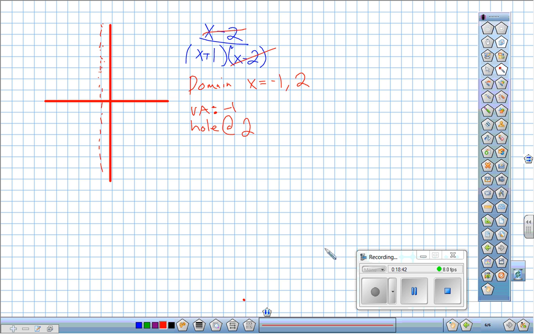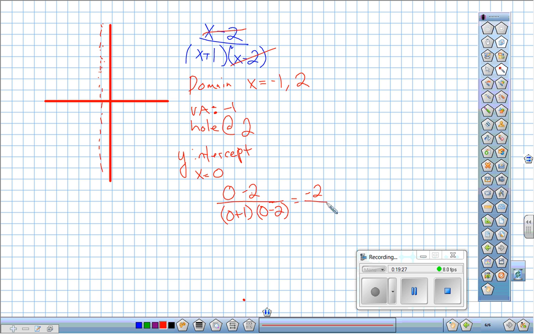So I need to then figure out where my y-intercept will be, just to have some quick graphs. So my y-intercept will happen at x equals 0. So if I plug x equals 0 into this, I will get 1. I can do it no matter how you want me to do it. I can do 0 minus 2 over 0 plus 1 and 0 minus 2.